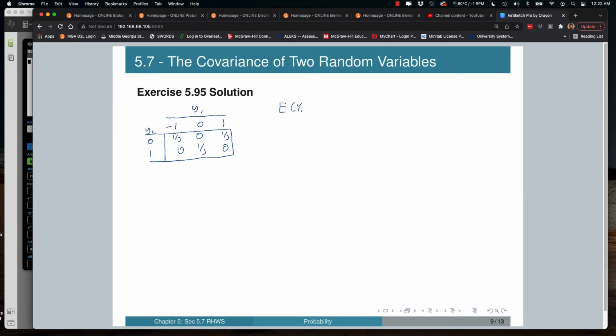So the expected value of y sub 1 times y sub 2 is just going to be, it turns out, 0.